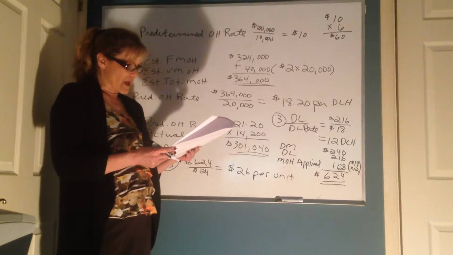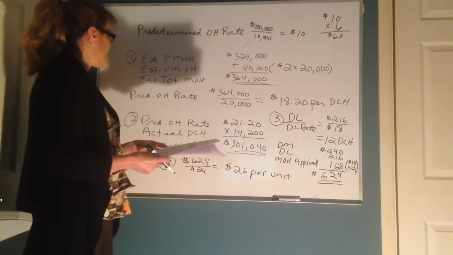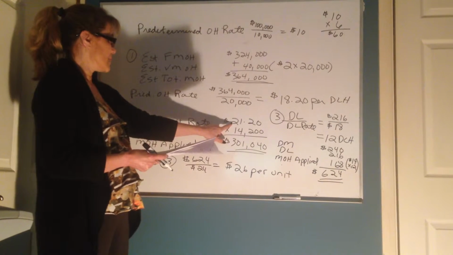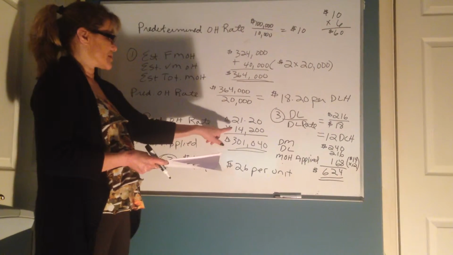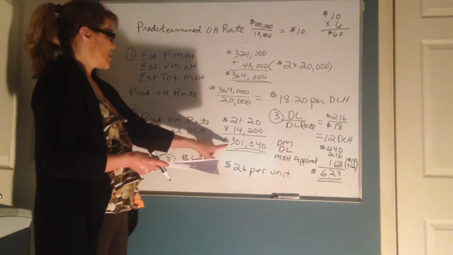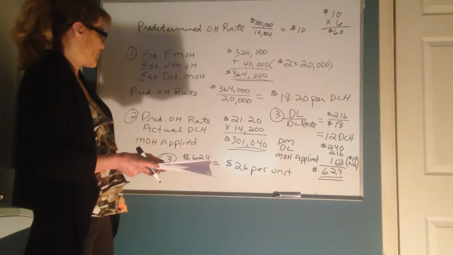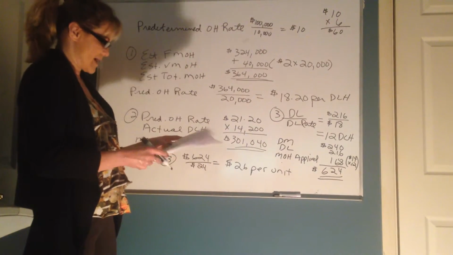Determine the amount of overhead that would have been applied to all jobs during the period. My predetermined overhead rate is $21.20. My actual direct labor hours are 14,200. If we multiply the two together, we see we would have applied $301,040 of overhead. So that's how much would have been applied.